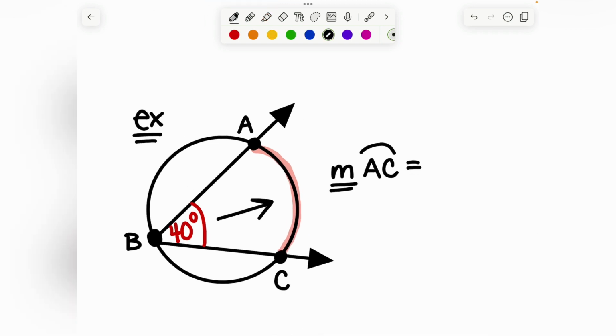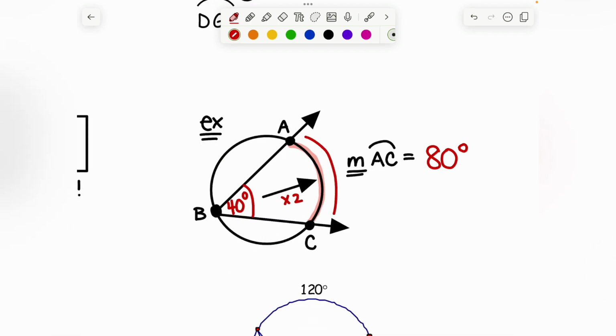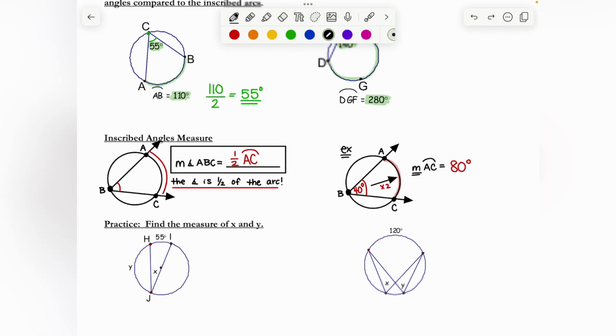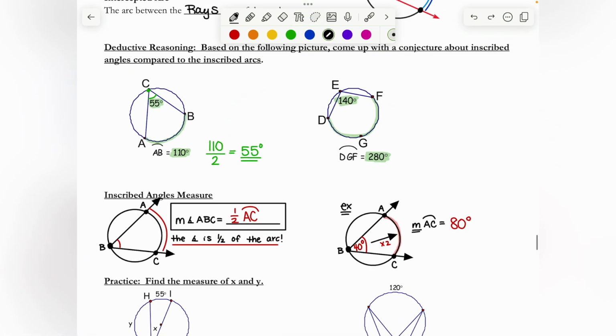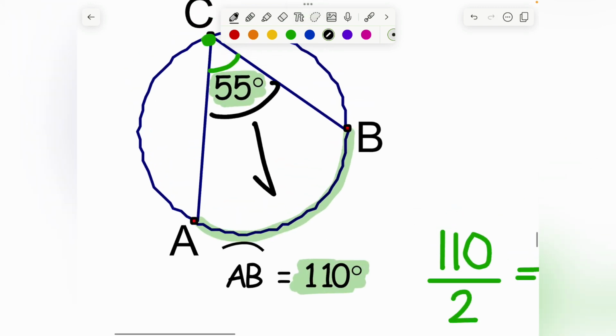You multiply the angle times 2 to get the arc. Now if I'm going backwards and I was given the arc, to go back to the angle, you divide by 2. So it just depends which one you're given. If I'm given the arc, I divide. If I'm given the angle, I multiply by 2.